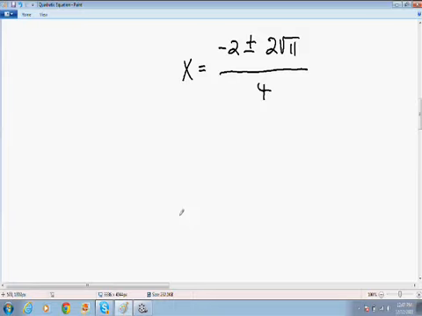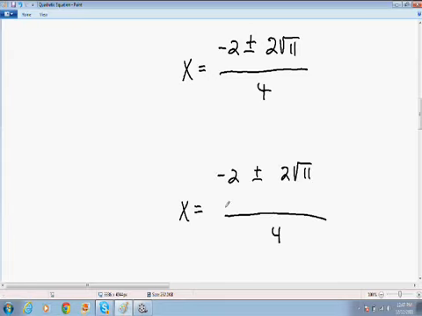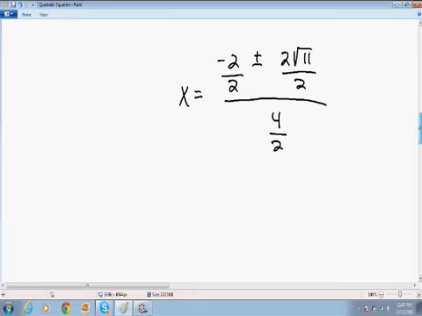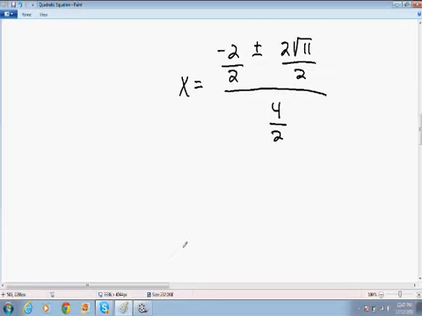What I like to do is rewrite the formula exactly the way it is with a little space on top. To simplify it, you need to divide every term by what they have in common. Since they all have a 2 in common, I'm going to divide every term by 2. And finally, we arrive at our final answer.